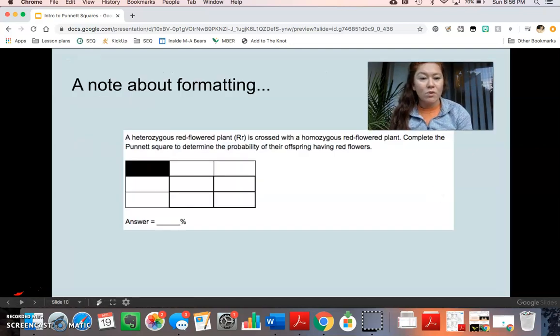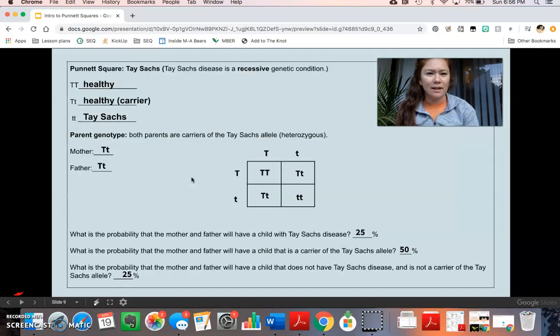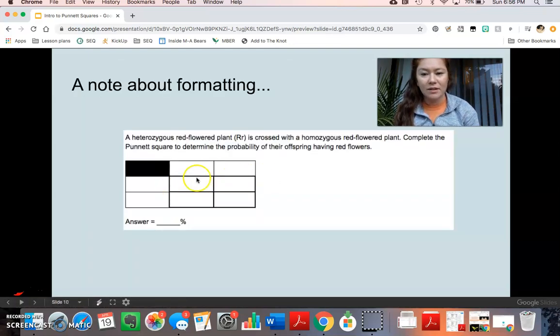Okay, so we are going to be working with some Google Docs where I've made functional Punnett square tables that you are going to be typing into, and they look only slightly different than a traditional Punnett square. Here is where we would have our outcomes. In these outside boxes is where you would put the single alleles.